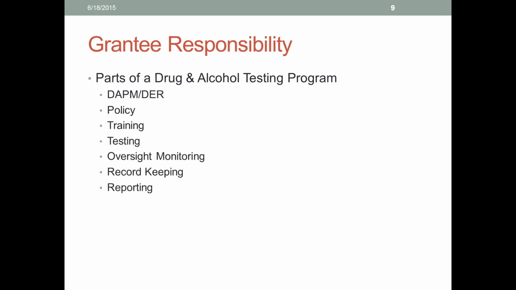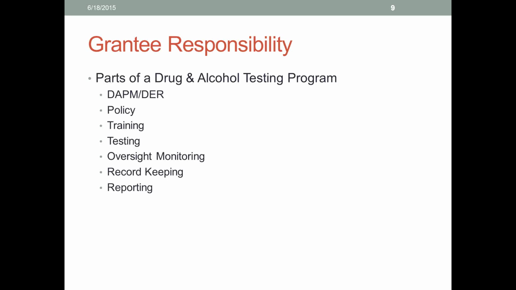The grantee responsibility from our level down to the subrecipient level, we're going to call it the grantee level at this point in time, is to oversee all of the different parts of the drug and alcohol testing program. Assignment of and responsibilities for the drug and alcohol program manager and designated employee representative.